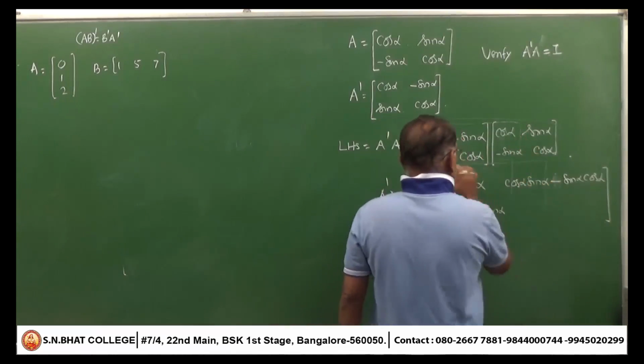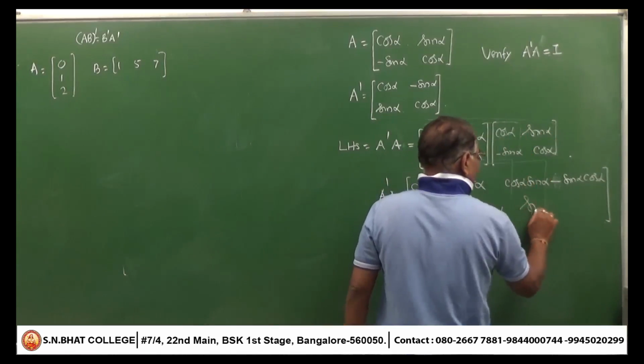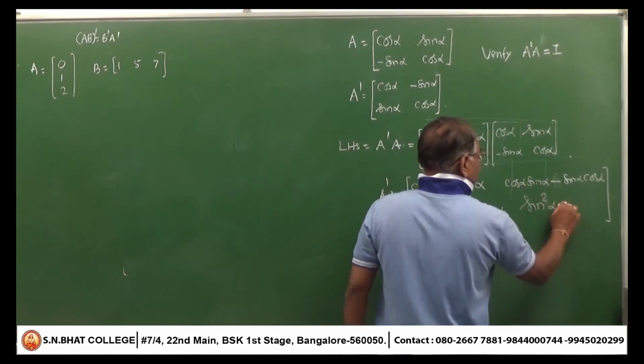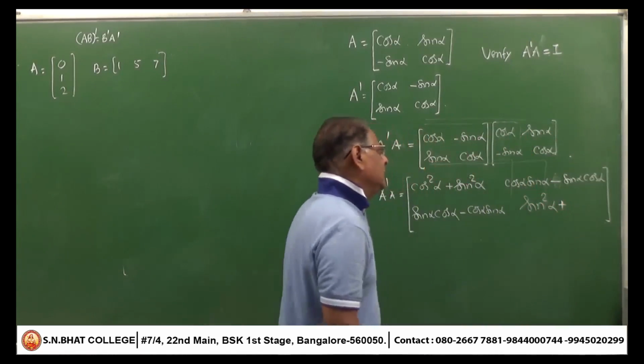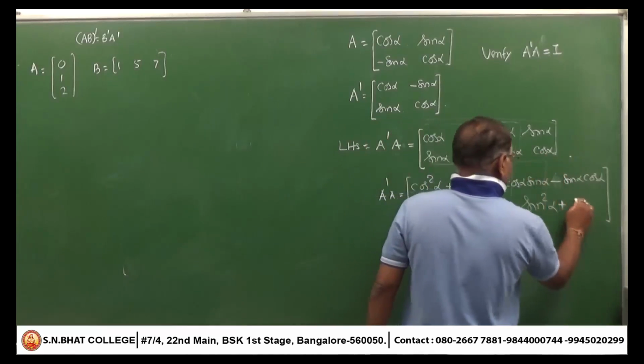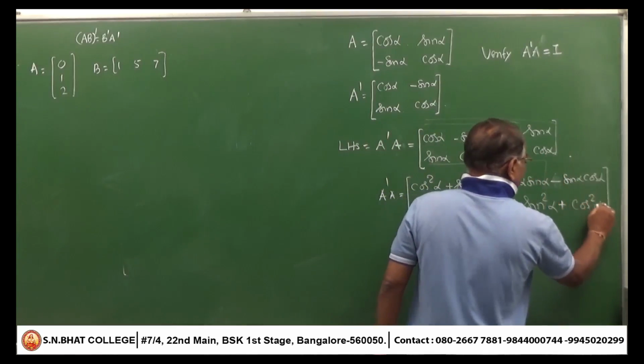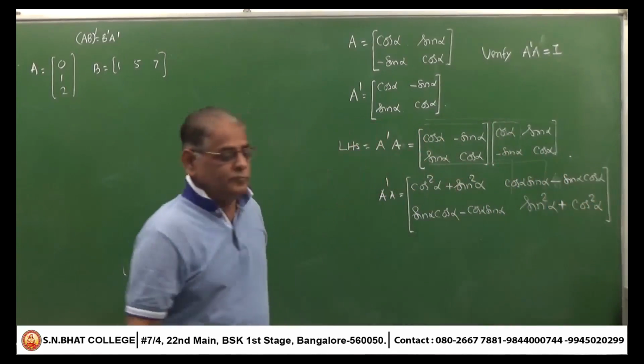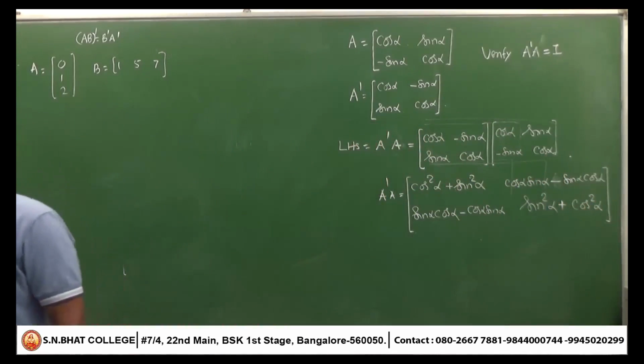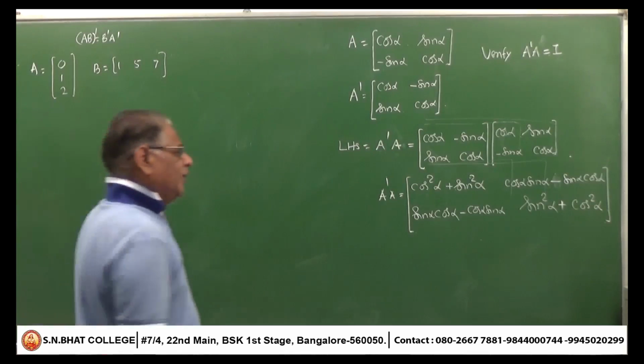Next, second row, second column. Sin alpha into sin alpha is sin square alpha. In between is plus. Cos alpha into cos alpha is cos square alpha. Sin square alpha plus cos square alpha is 1.